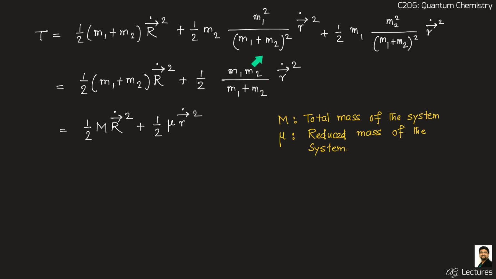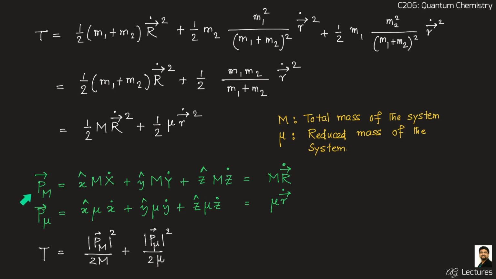This mu, this quantity, is known as the reduced mass of the system. So we have got two kinetic energy terms summing up into the total energy of the system.